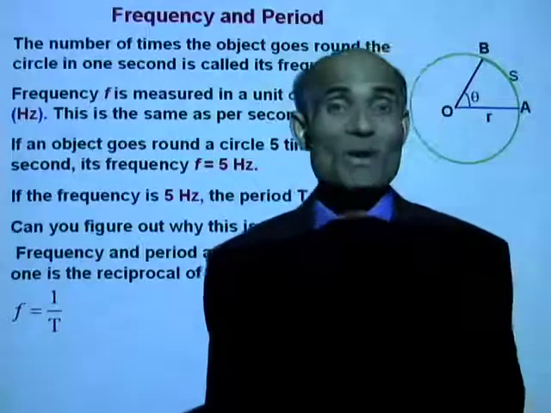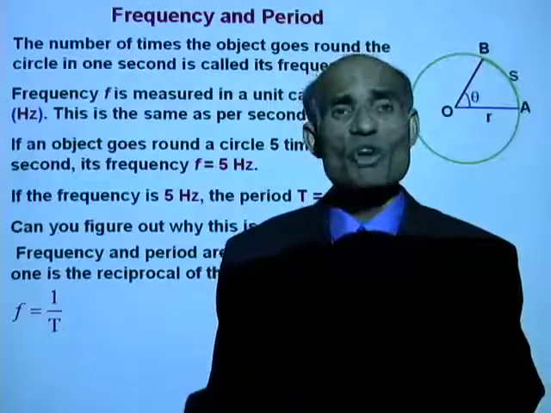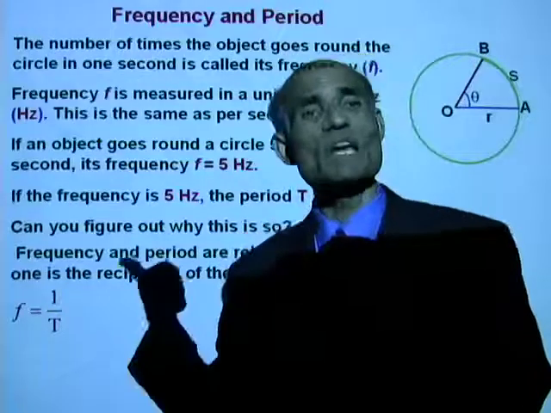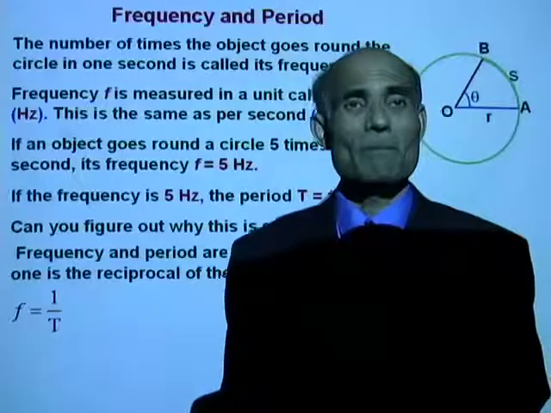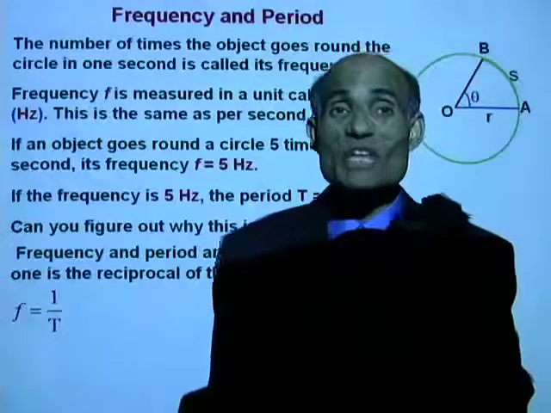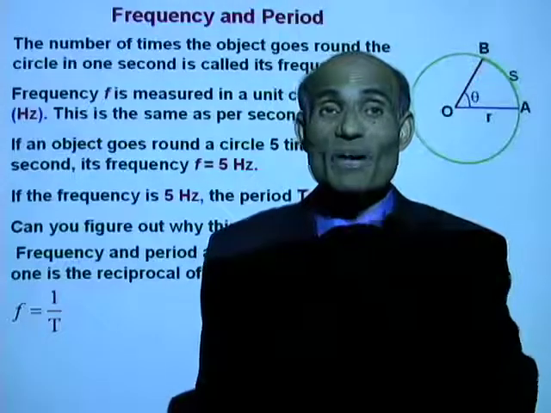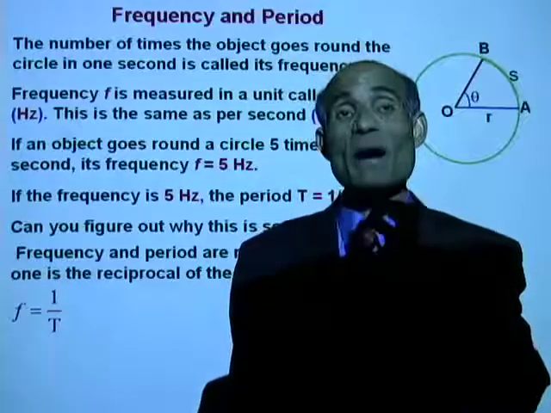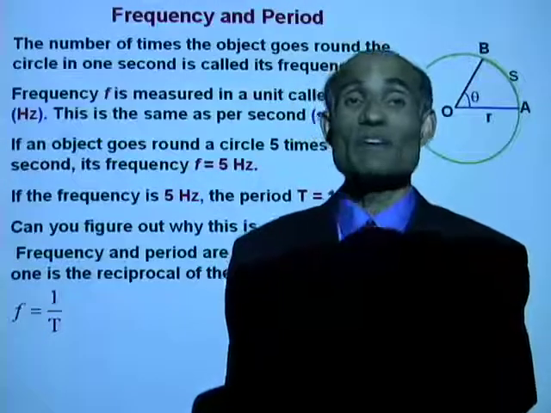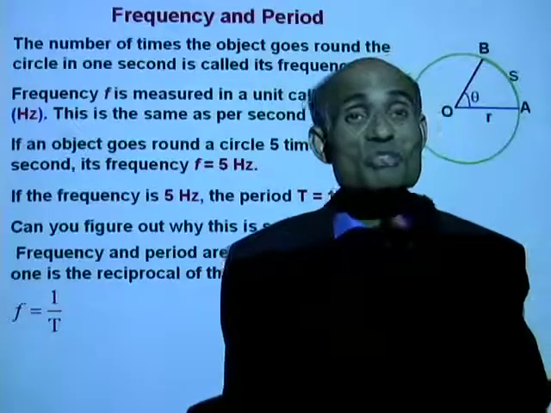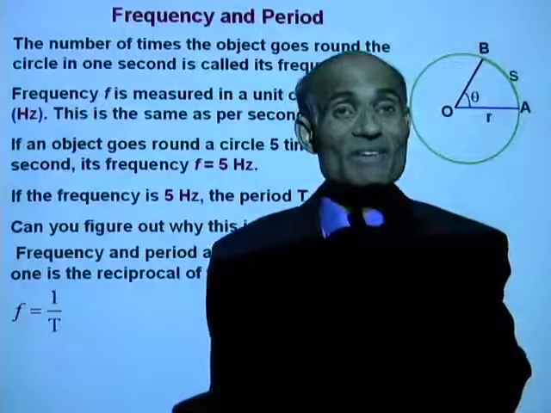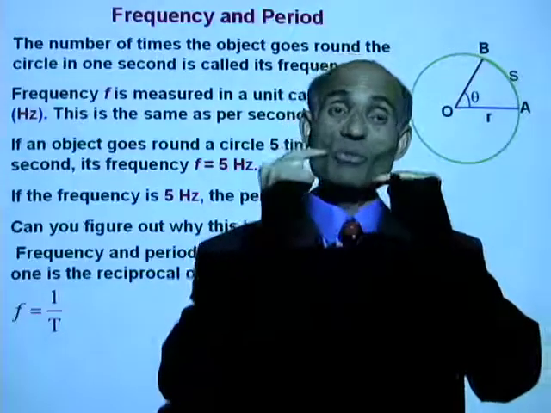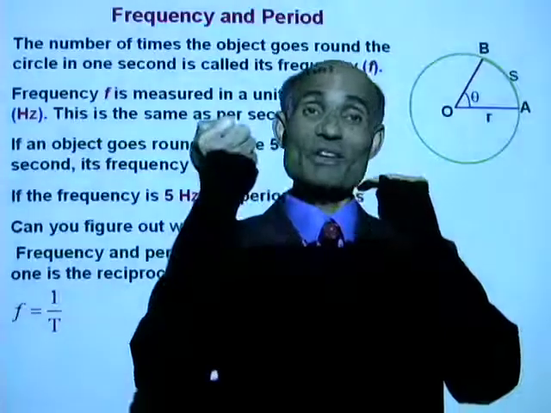Alright, let me ask you now, what is the equation for the angular velocity in terms of the period we obtained in the last slide? We had omega equals 2 pi divided by the period. Can you write that equation using frequency? 1 over the period is the frequency.